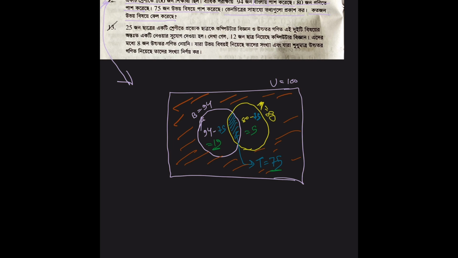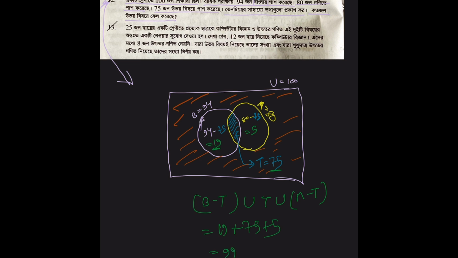So the total number of students who passed in either one subject would be the union, which is 19 plus 75 plus 5, which is 99.